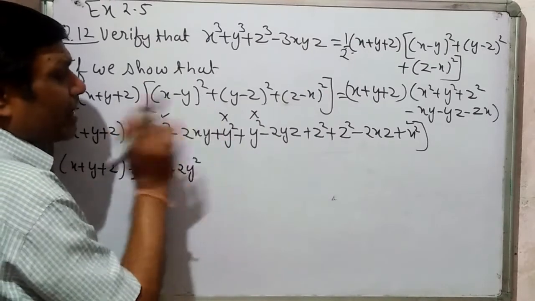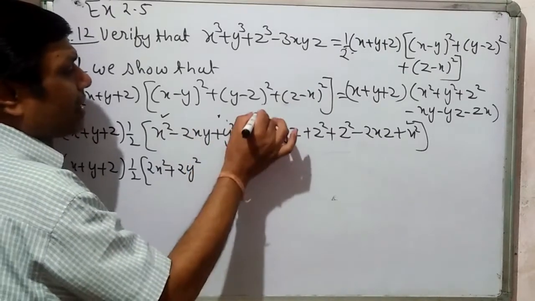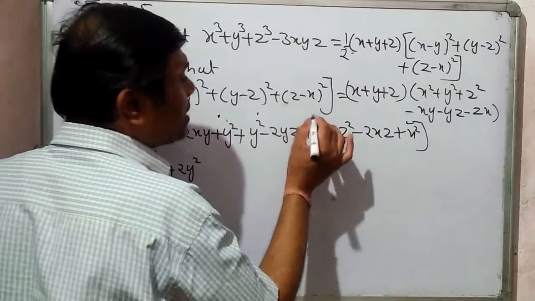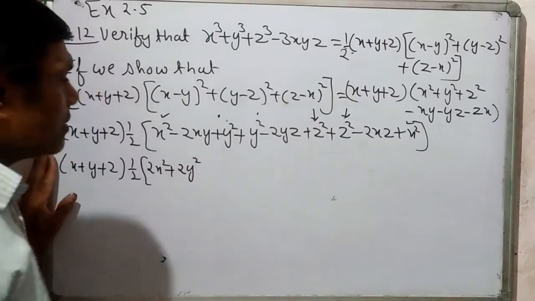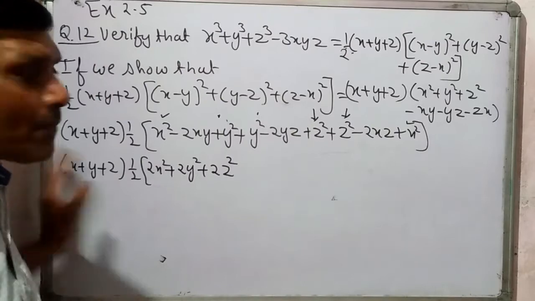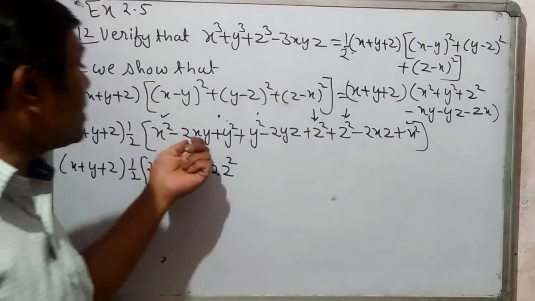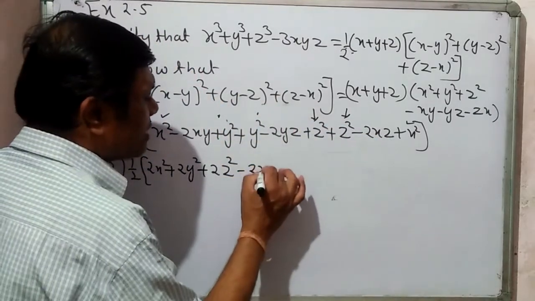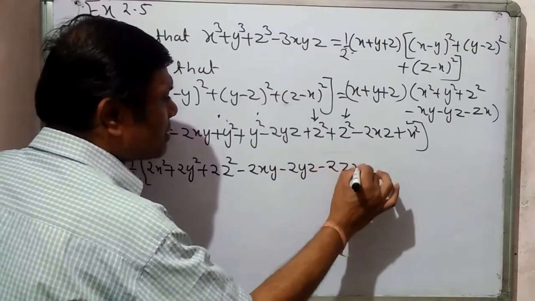These are like terms. Then we have z square 2 times. They are like terms. Plus twice z square. We are adding these like terms. What else is there? Minus twice xy, minus twice yz, minus twice zx.